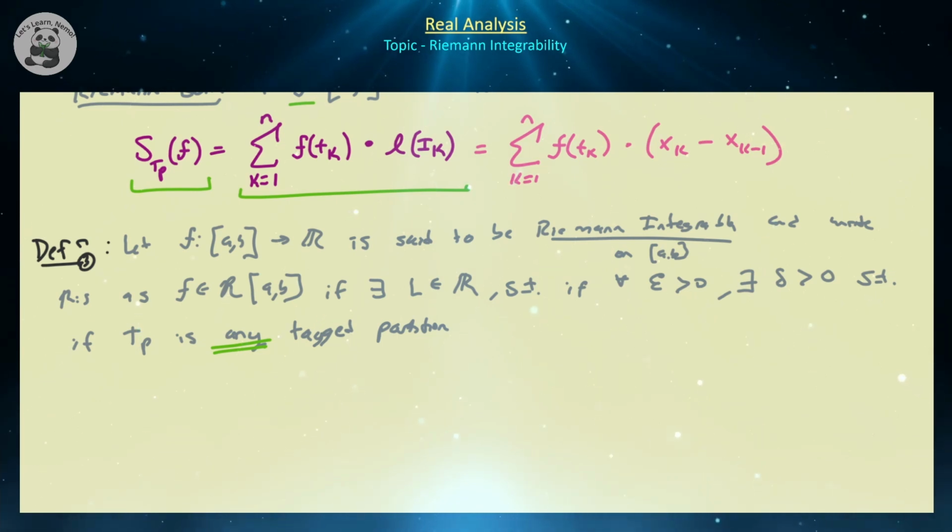So that includes your uniform partitions. The tags could literally be anywhere in that random partition also.